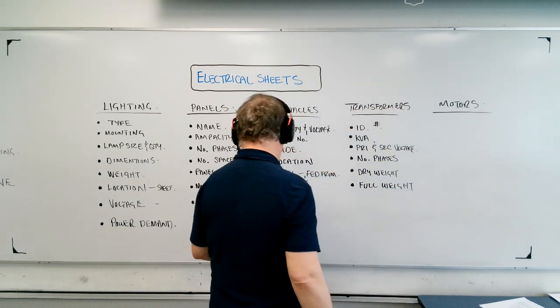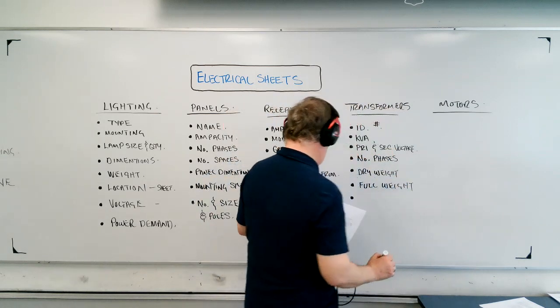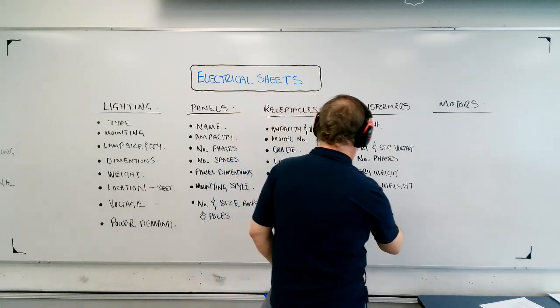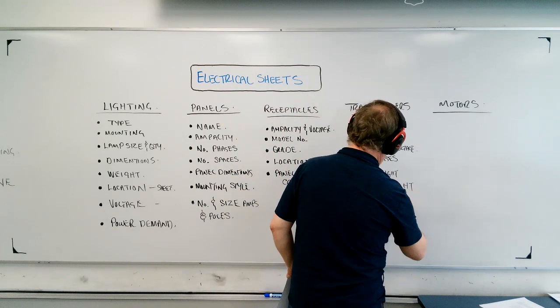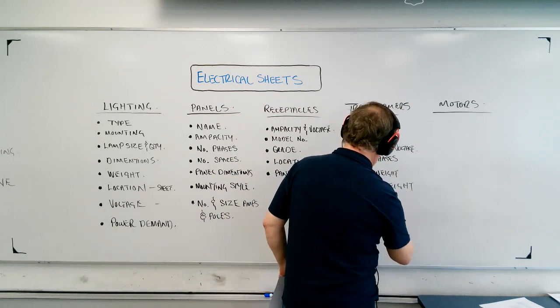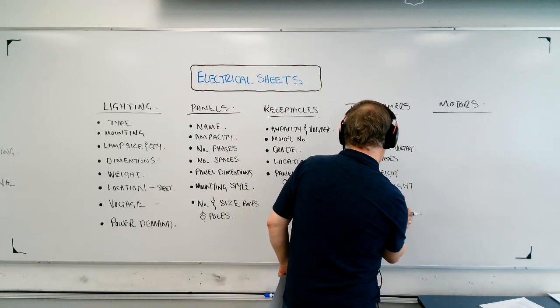Dry weight and full weight. And sometimes also listed in this schedule will be mounting clearances. Now we know that this is something that's stipulated in code, of course, but code is the minimum clearances.